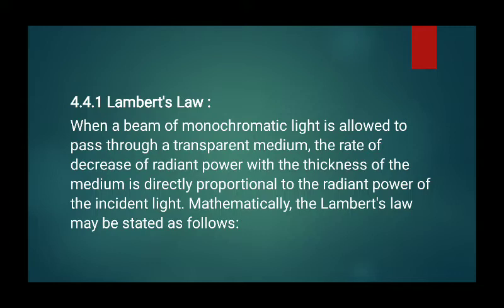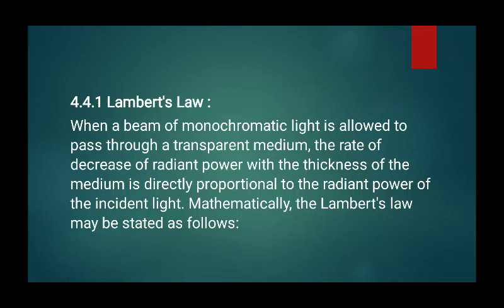Lambert's law. When a beam of monochromatic light is allowed to pass through a transparent medium, the rate of decrease of radiant power with thickness of the medium is directly proportional to the radiant power of incident light.